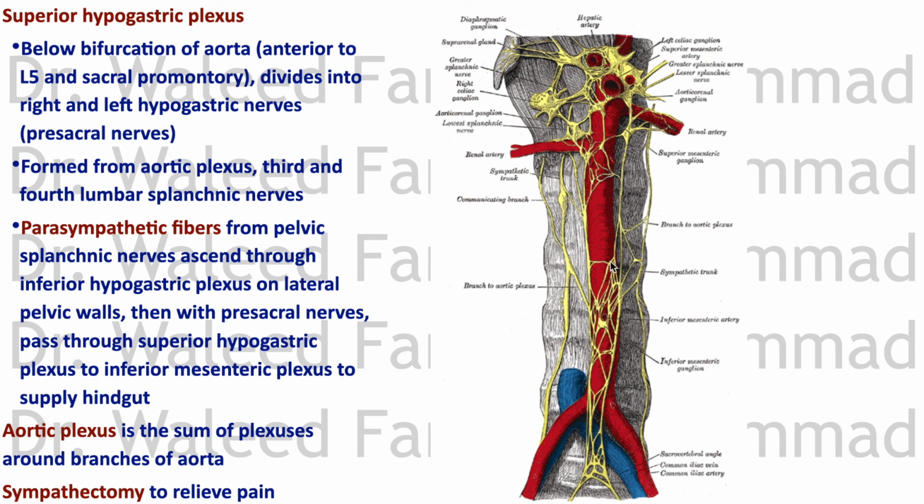Okay, and since we are used to the fact that sympathetic conveys sensory pain sensations from the viscera, some of the sympathectomy procedures are used to alleviate pain, especially in chronic cancer patients, the terminal patients with intractable pain. Sympathectomy is used as a line of treatment.